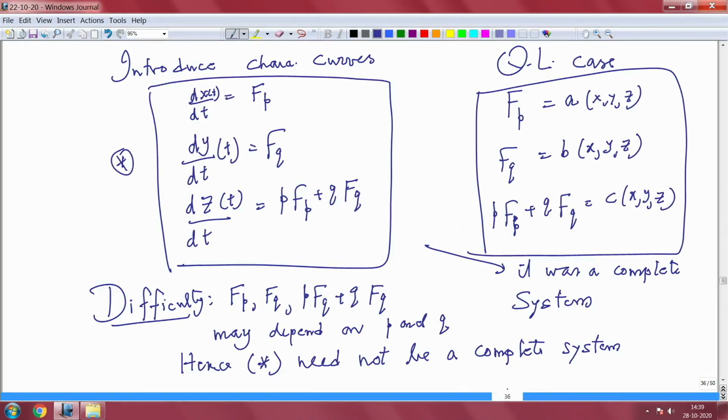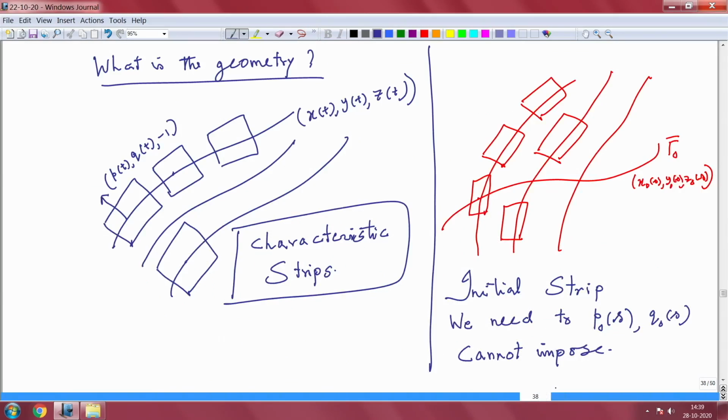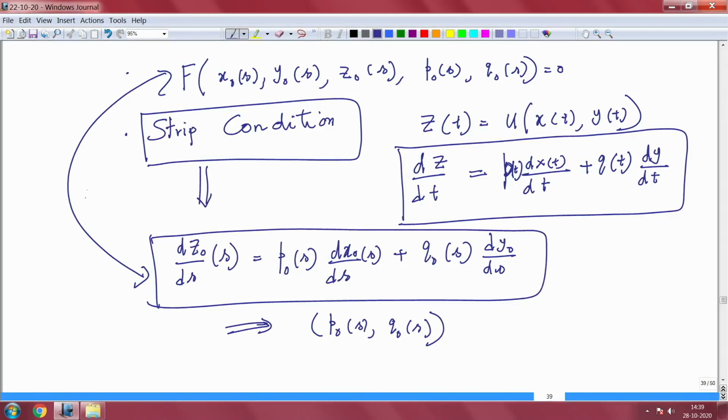If you go for 3 equations for xt, yt, zt, then 2 equations for pt, qt, 5 equations, and then those 5 equations you have to solve to get the characteristic strips. Then 3 conditions for initial conditions are given and 2 initial conditions, if all this can be solved. So that is where, when you do a particular problem, you may face difficulties. It is not that always this can be solved, but then you can apply this method.